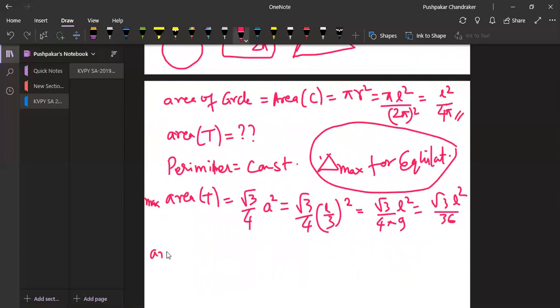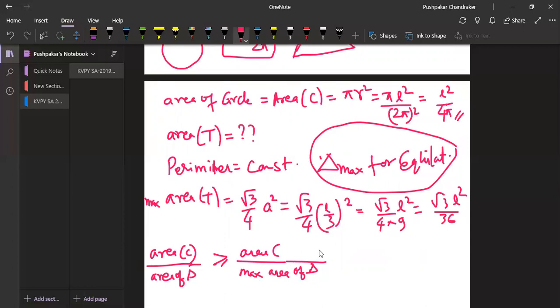Now the area of C divided by the area of the triangle will definitely be greater than or equal to the area of C divided by the maximum area of the triangle. Why like this? Because here you are dividing by a very large quantity, but the area of the triangle is smaller than the maximum value.